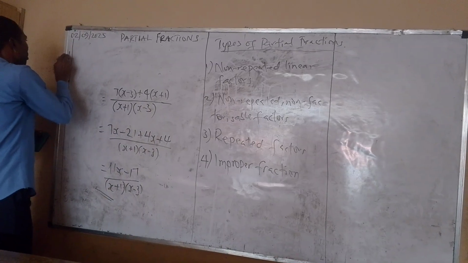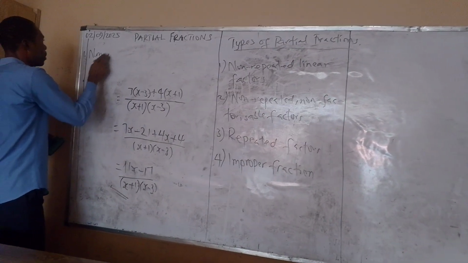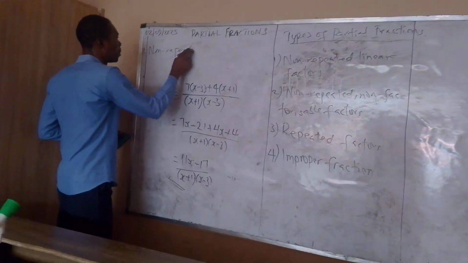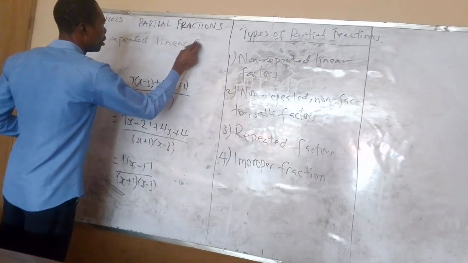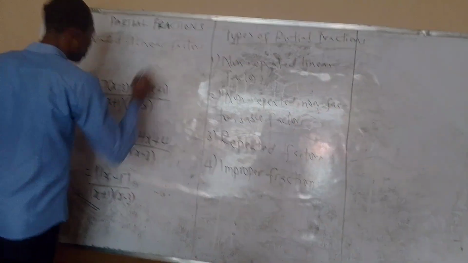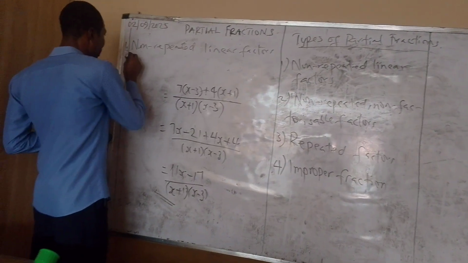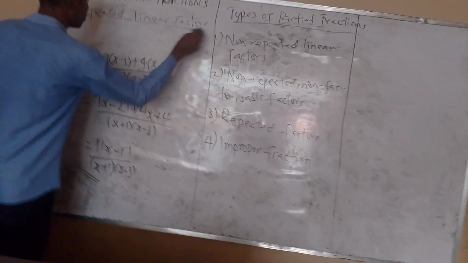Number 1, non-repeated linear factors. I'm going to use this as my first example.